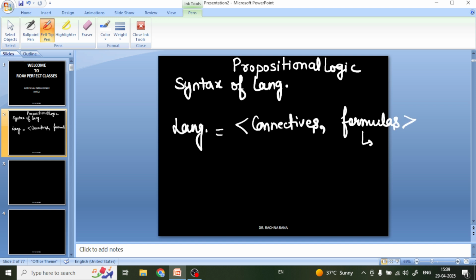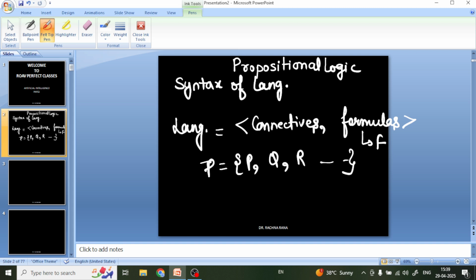And formulas will be represented by f, and their set is p, q, r.